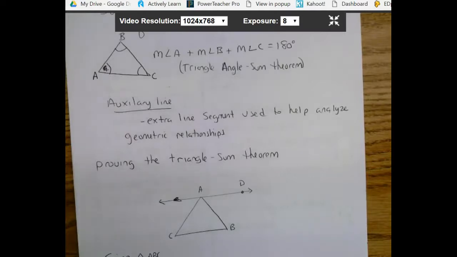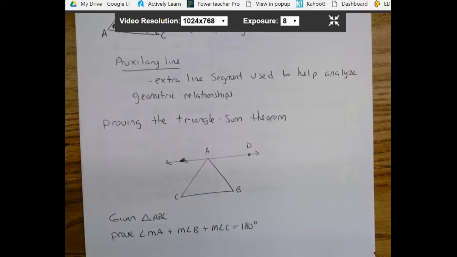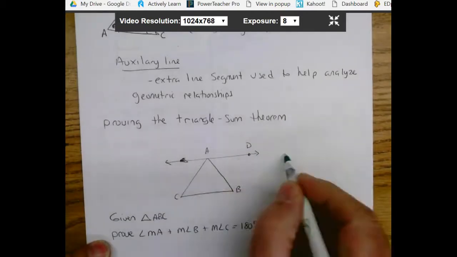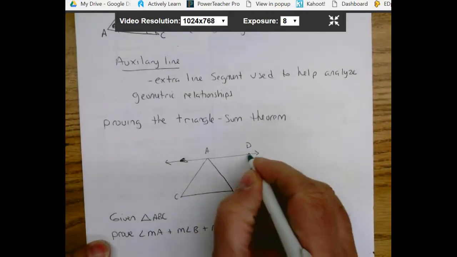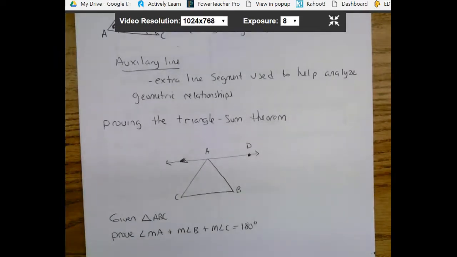And if you look at this triangle here, we have this triangle CAB, and you make a parallel line here, this line AD, which is parallel to CB. Then we can use that auxiliary line to prove that the measure of angle A plus the measure of angle B plus the measure of angle C equals 180 degrees.